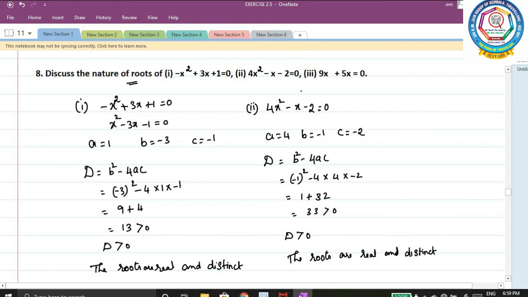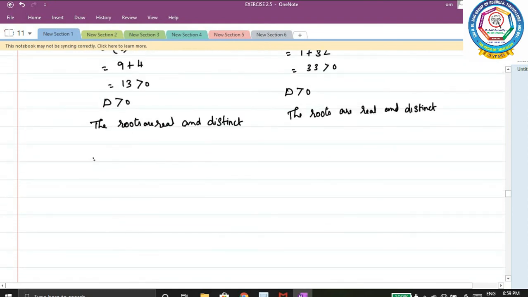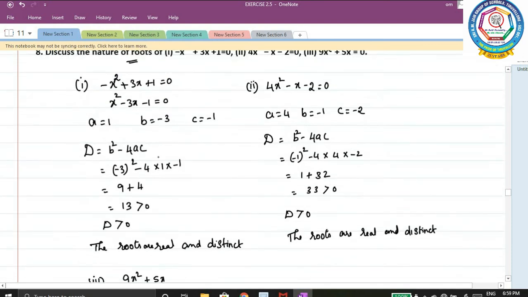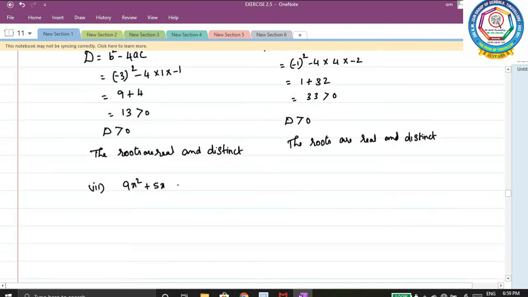Next, third subdivision, 9x square plus 5x equal to 0. So, a is equal to 9, b is equal to 5, c equal to 0 here. So, we have to find d, that is b square minus 4ac.